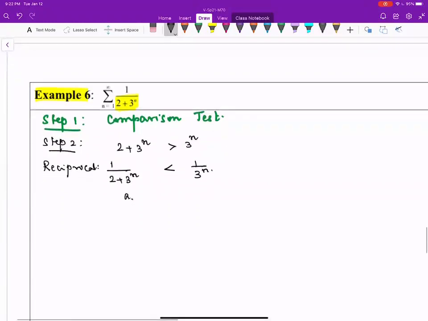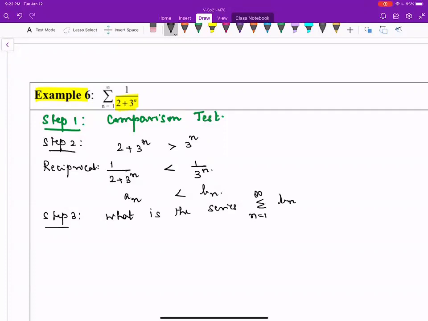So the left-hand side looks like a sub n, the nth term of the given series. So we have a sub n less than b sub n. Then what can you say about sigma b sub n, which is sigma 1 over 3 to the power n?